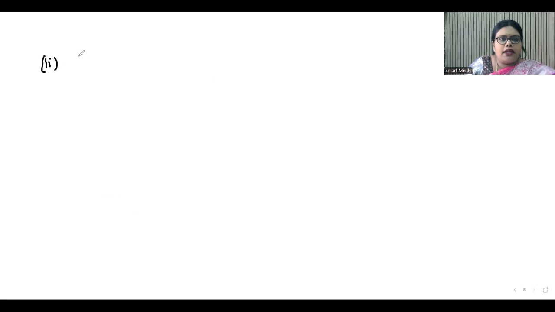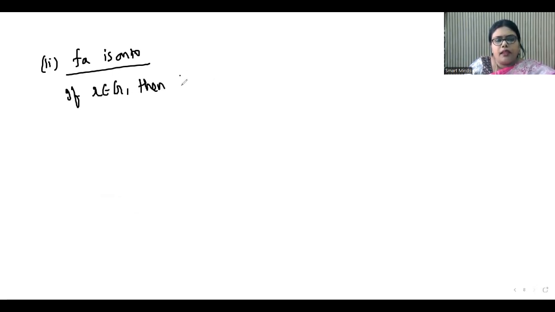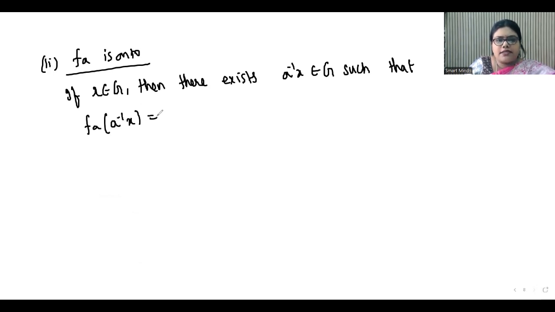Next, we should show that FA is onto. How do we prove that it is onto? If X belongs to G, then there exists A inverse X belongs to G such that FA of A inverse X is equal to A into A inverse X. So that is A into A inverse we will put together and we'll take this X outside.